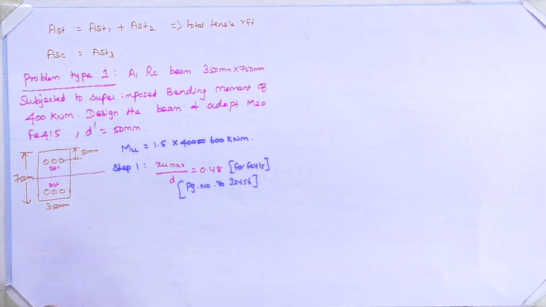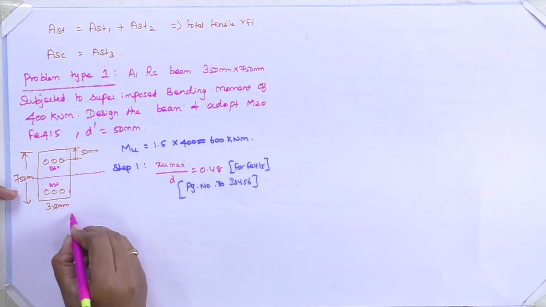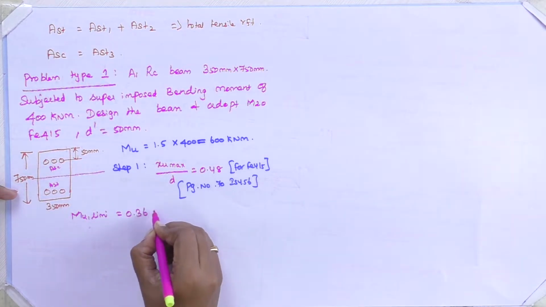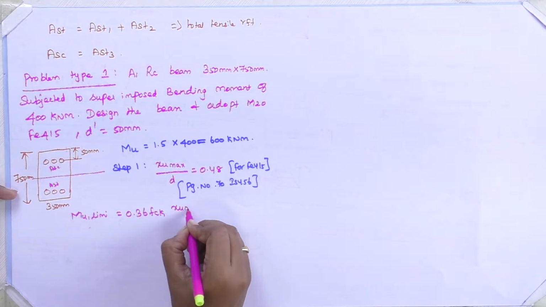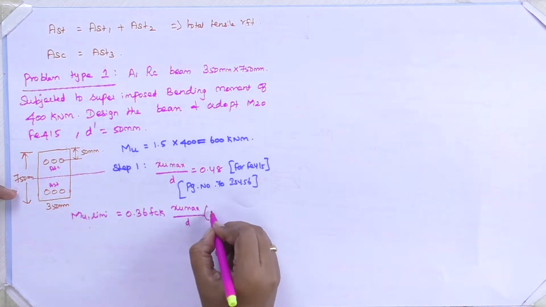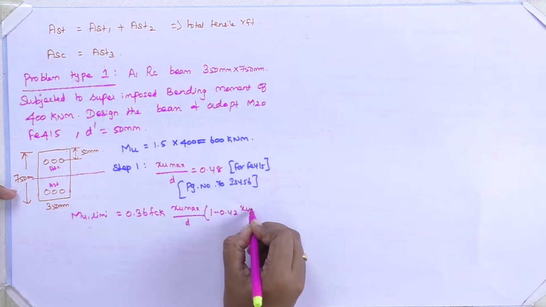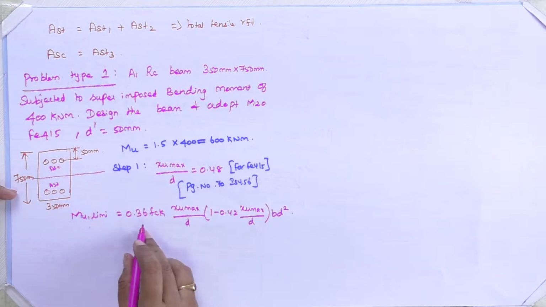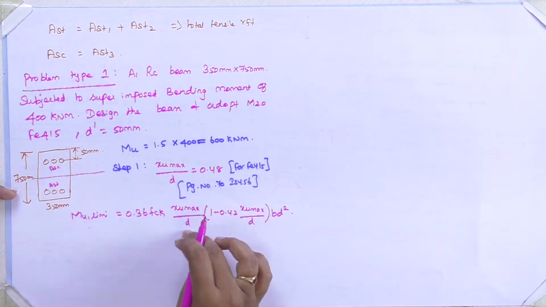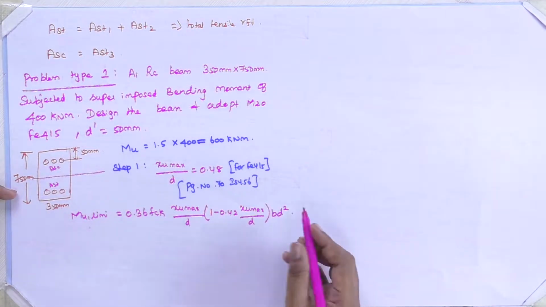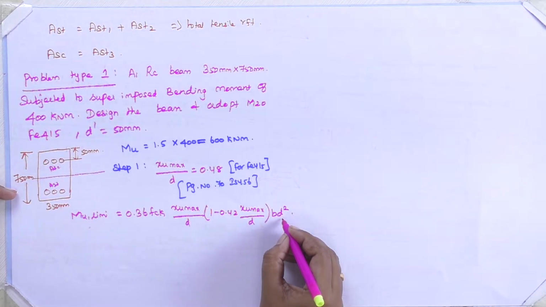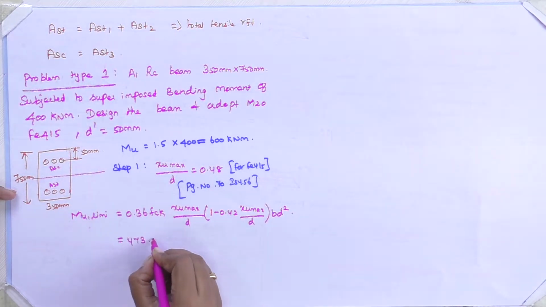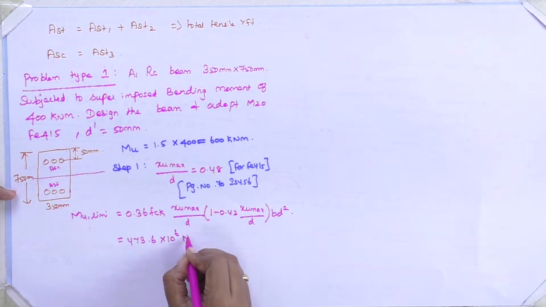Then after getting this value, I can calculate Mu limit, which is equal to 0.36 fck Xu max by D into 1 minus 0.42 Xu max by D into b d squared. I can substitute 0.48, fck is 20 as given, b I know, small d also I know. Now I'll calculate the value as 473.6 into 10 power 6 Newton mm.